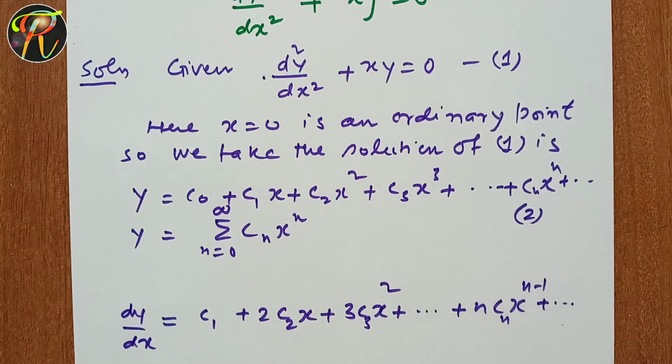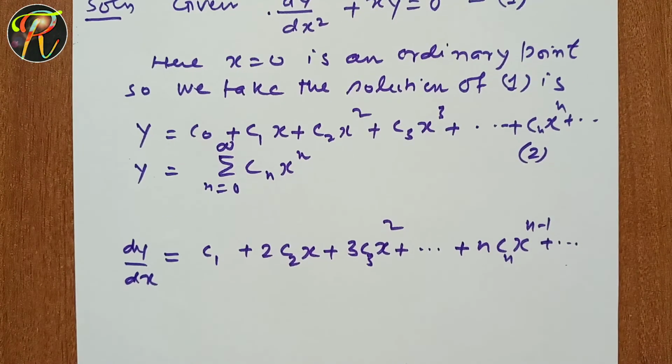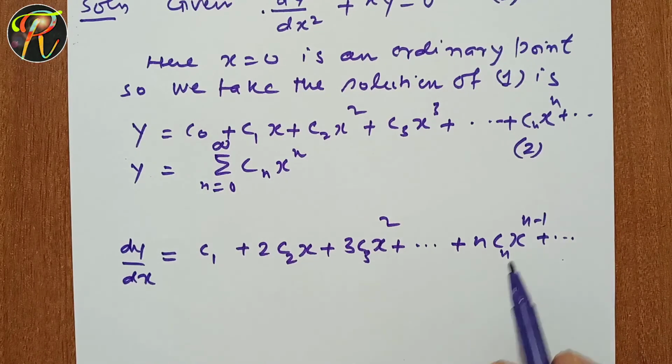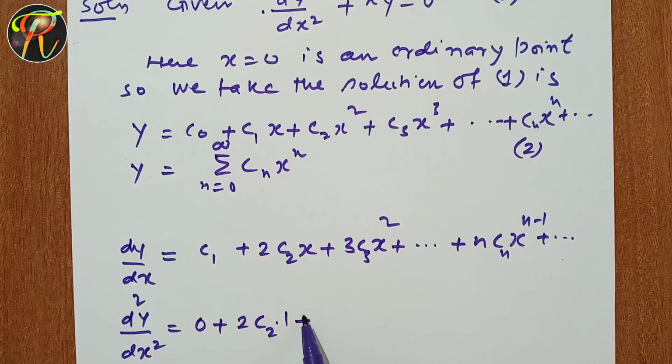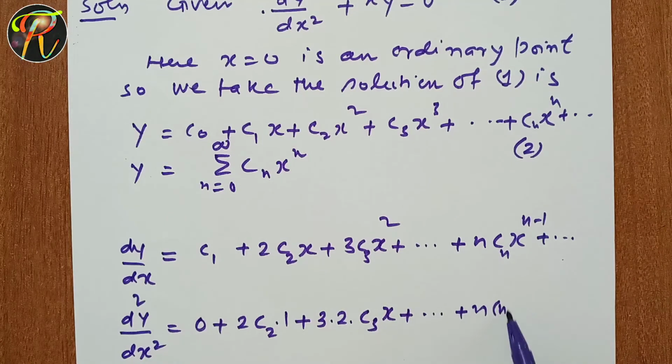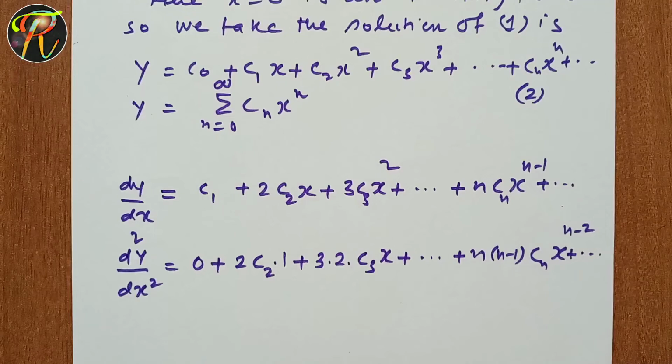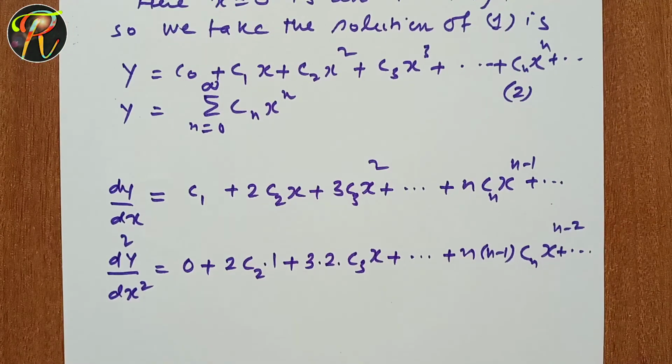The nth term is very important because we will calculate all the values using this. So d2y by dx2 is equal to 0 plus 2c2 into 1 plus 3 into 2 c3x plus so on, plus n into (n minus 1) cn x^(n minus 2) and so on. This is very easy to calculate for dy by dx and d2y upon dx2.